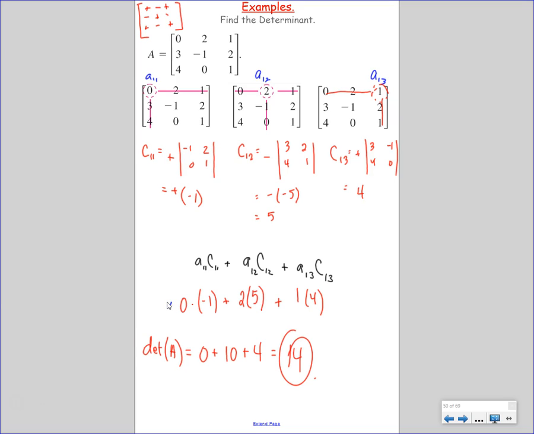Calculators, go. Have you found a determinant on it yet? You know how to plug in a matrix? Go to your matrix menu with math.